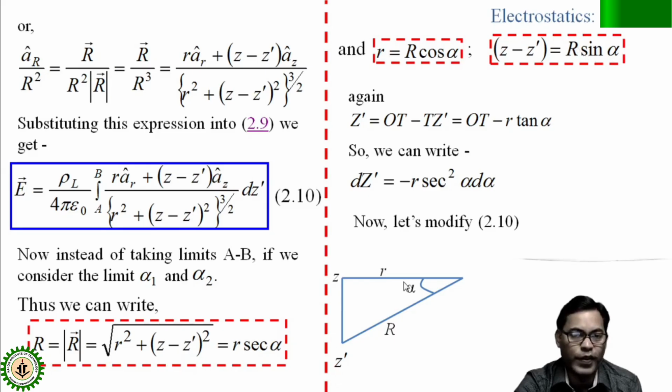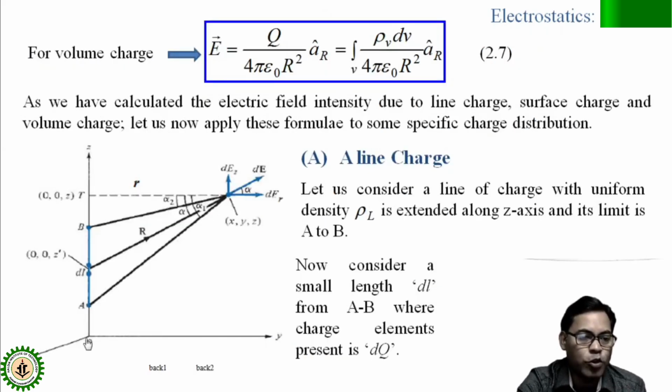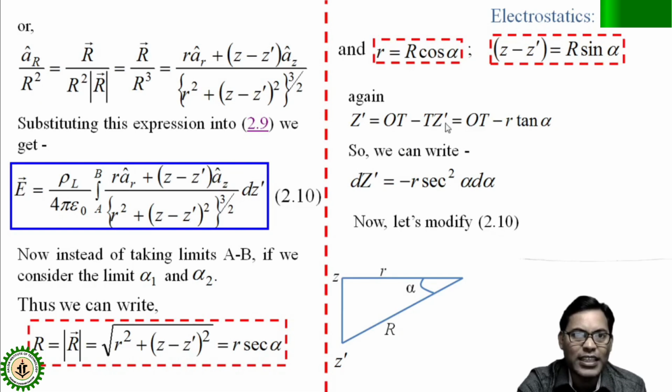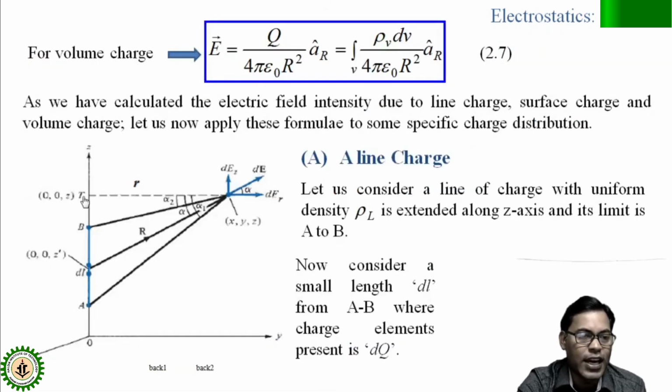Now again, if we consider z prime, z prime means the position where the dl is present. So z prime equals O to T, this is the constant value OT, again OT minus TZ prime. So here you see that TZ prime.